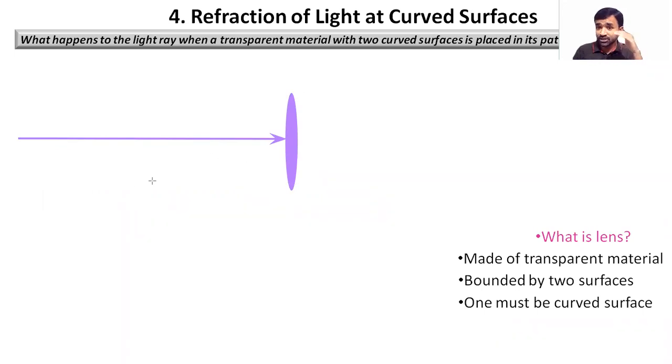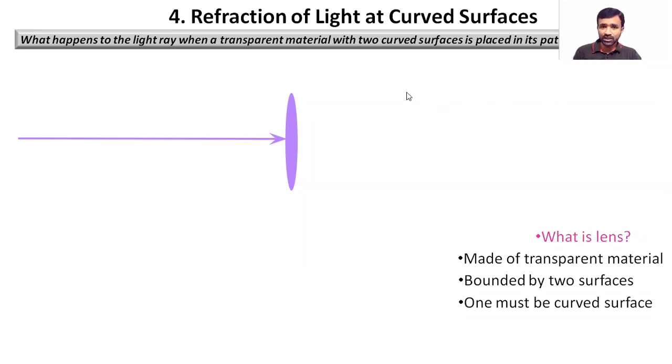Will the light ray remain the same in its path, or will it change its direction? That we need to learn. If it changes its direction, what is the direction of that deviated light ray? Can anybody say what happens if you incident a light ray on a lens?